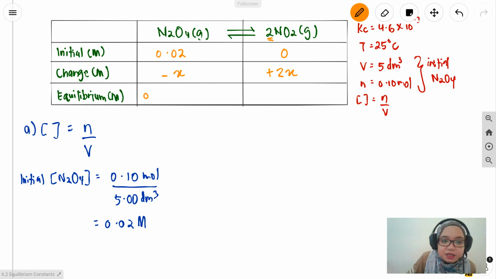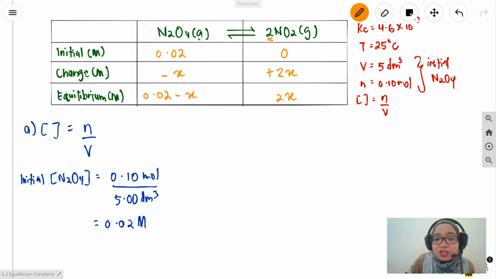Initial here is 0.02, plus negative x, so that's why it's 0.02 minus x.